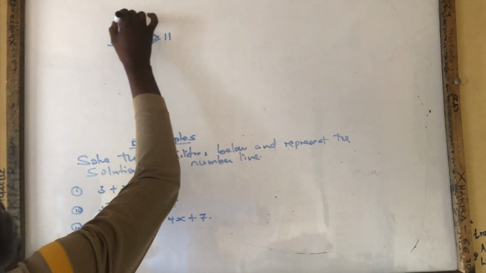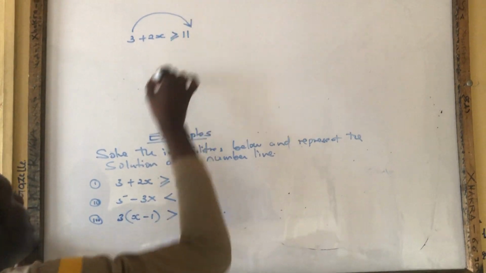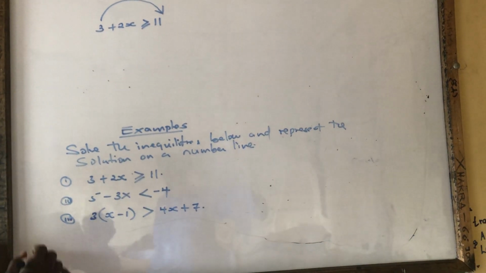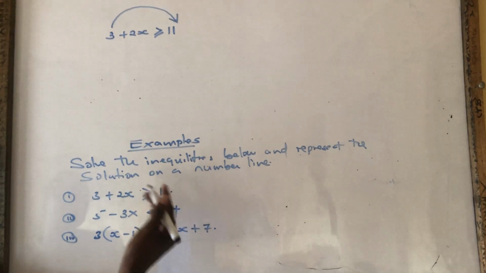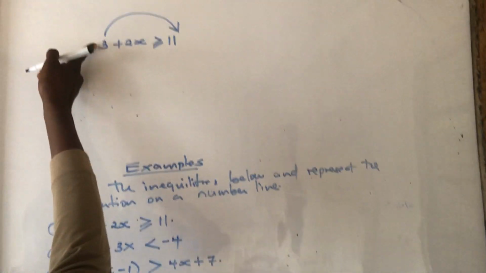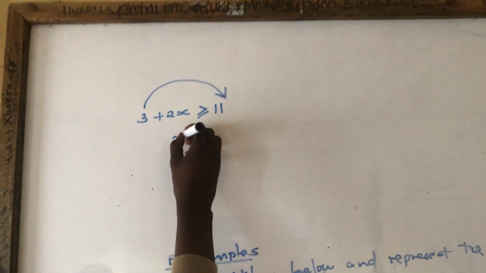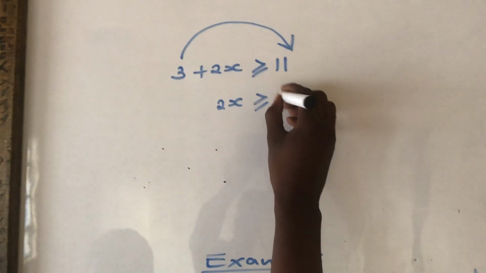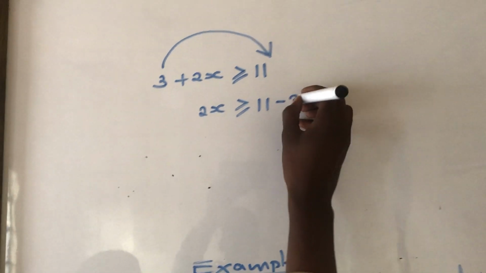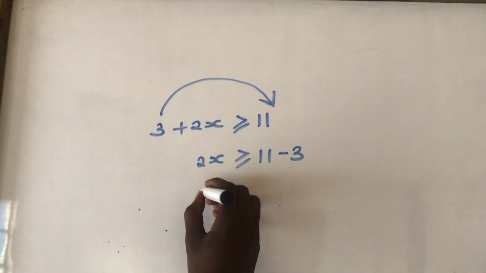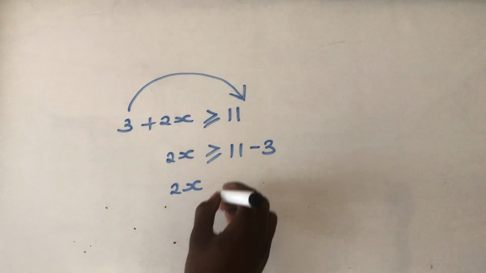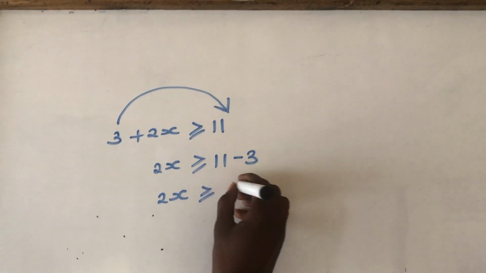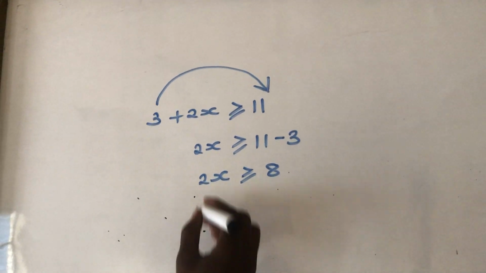So the 3 will cross over to the other side of the inequality symbol so as to become a negative, because at the moment it is a positive. So I'll have 2x is greater than or equal to 11 minus 3, which should give us 8.